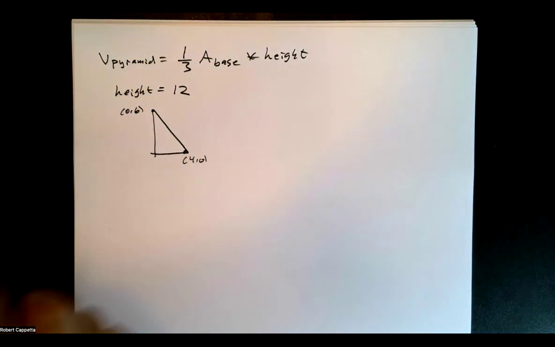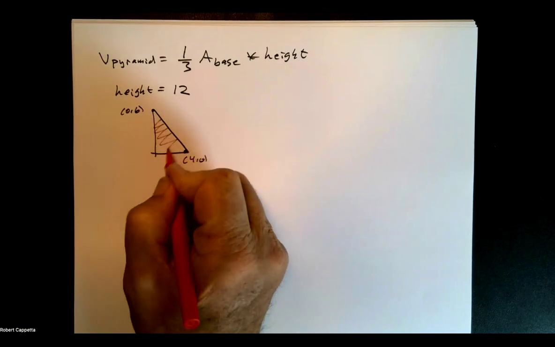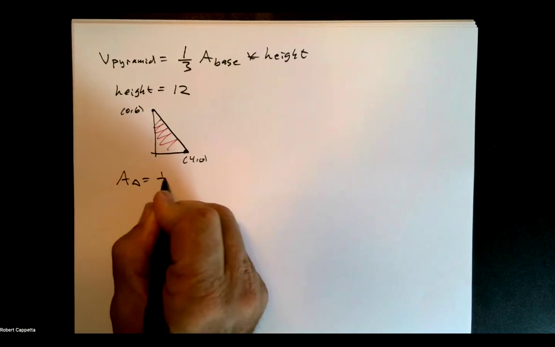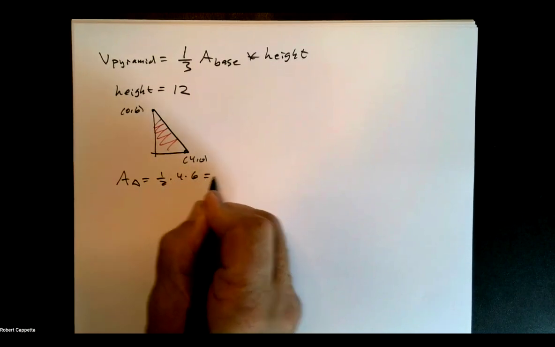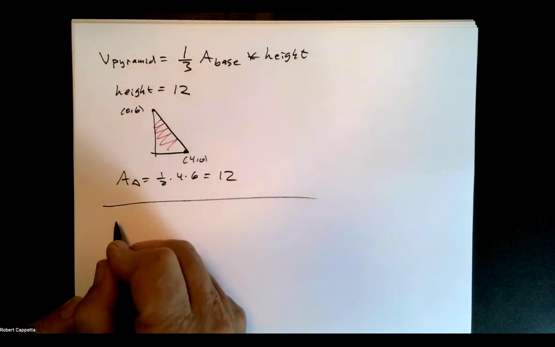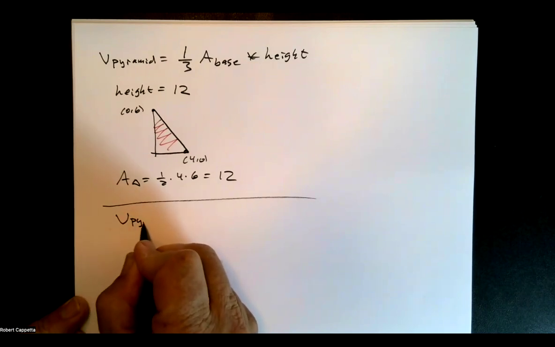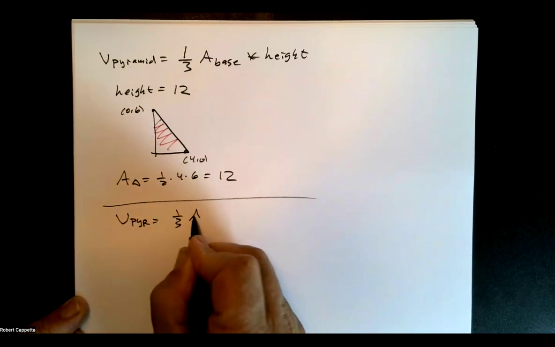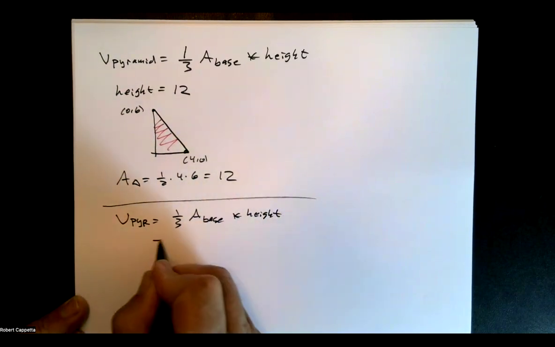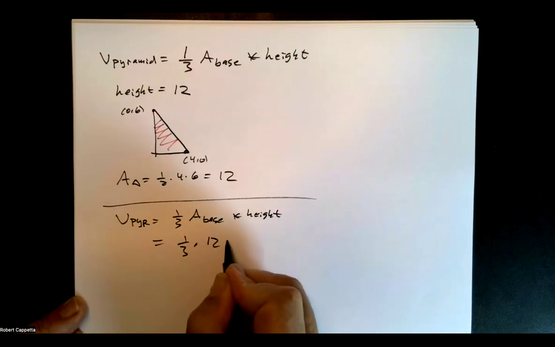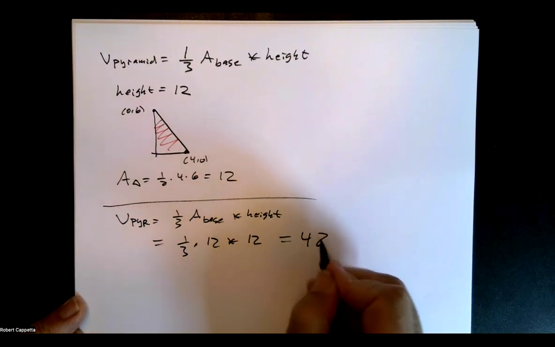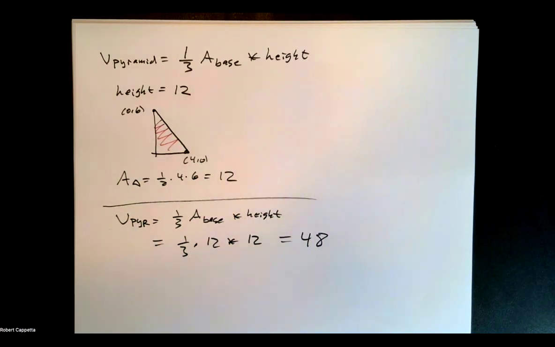This is a triangle, and the area of a triangle is 1/2 base times height. So that would be 1/2 of 4 times 6, which is also 12. Then using our formula for the volume of a pyramid, 1/3 area of the base times the height, we get 1/3 times 12, the area of our base, times the height, which is 12. 1/3 of 12 is 4, times 12 is 48, which is what we obtained using the double integral.